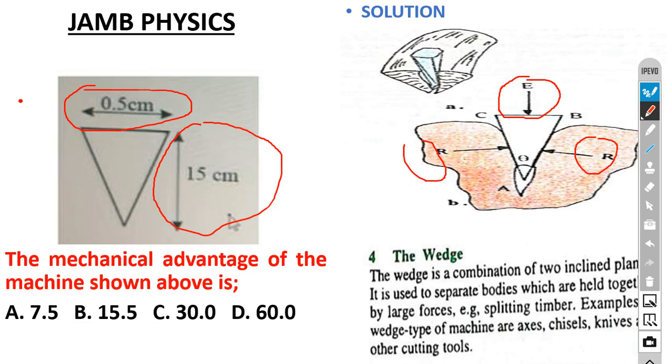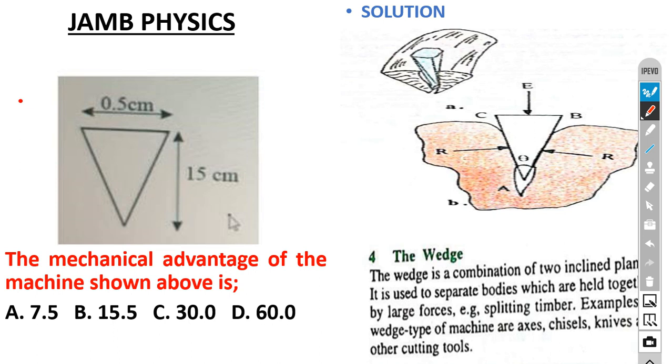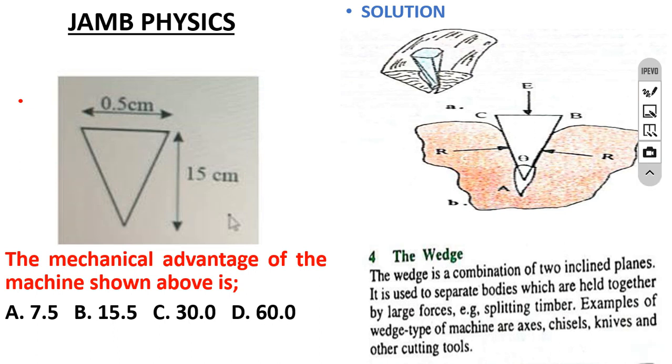So all we need to do is to substitute the value for E, where we have the effort, and the value for R, or call it L, where we have the load.